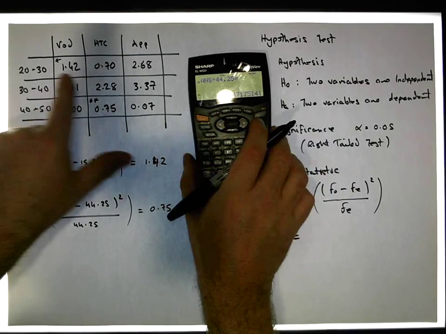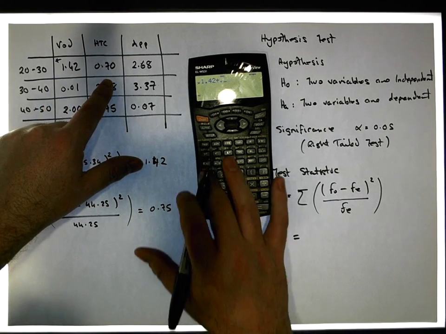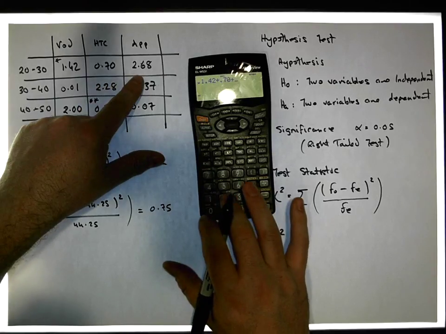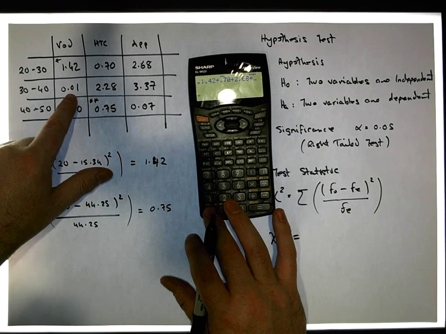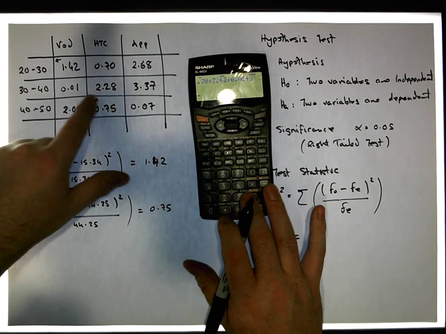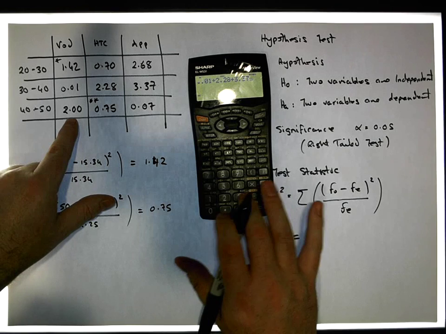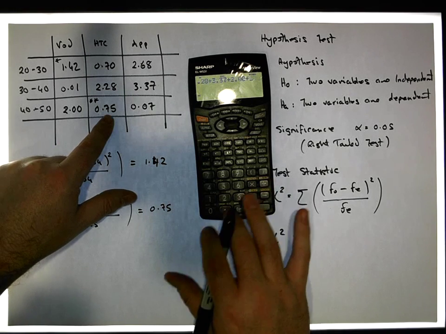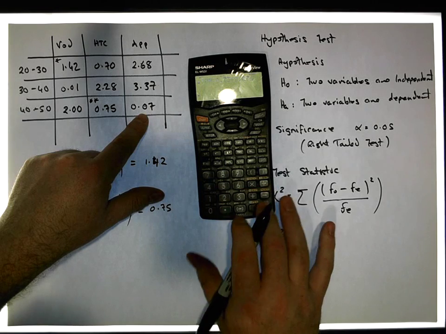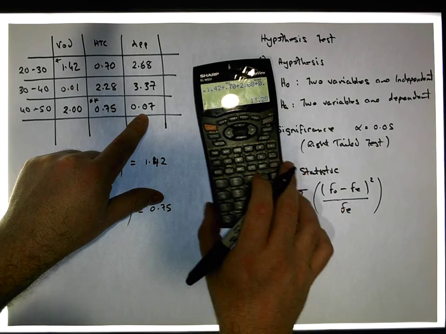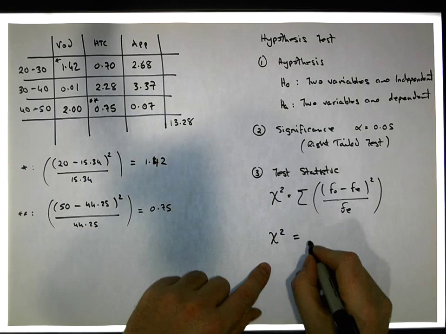It's 1.42 plus 0.70, plus 2.68, plus 0.01 plus 2.28 plus 3.37 plus 2.00 plus 0.75 plus 0.07, which gives us a total test statistic of approximately 13.28. So our test statistic is 13.28.